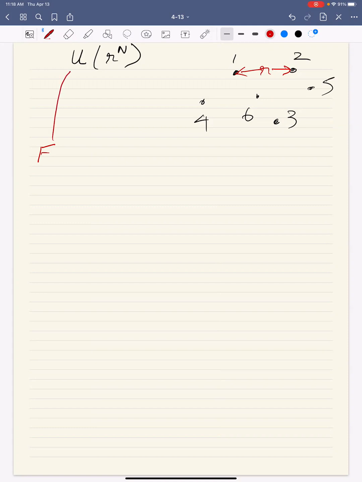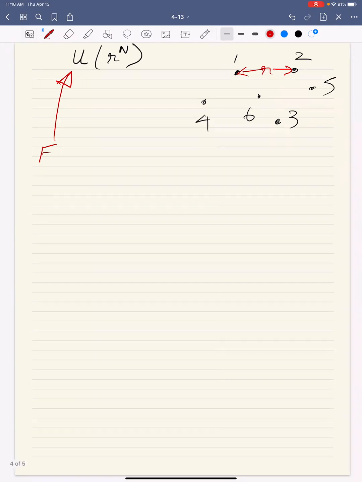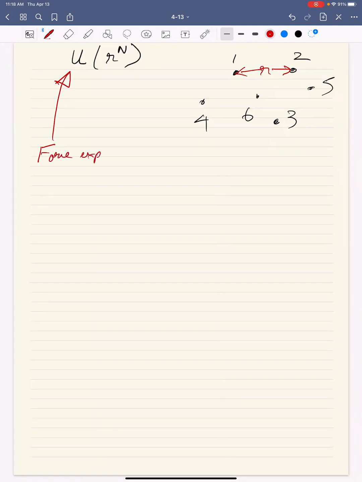How would I get this force from this potential energy? Gradient, right? Force comes from potential energy always by differentiating. But what exactly do I need to differentiate here? With respect to the coordinate of 1, right? So if I want the force experienced by particle 1, that's going to be minus d by d r1 of U of r_N.